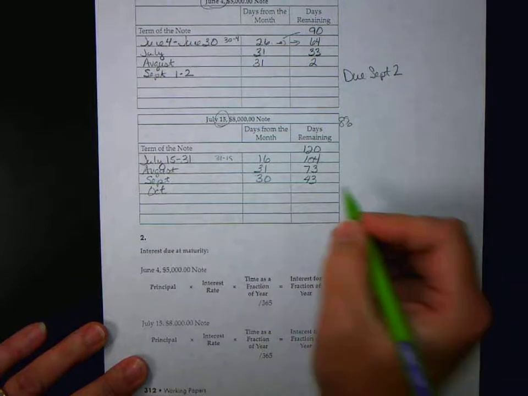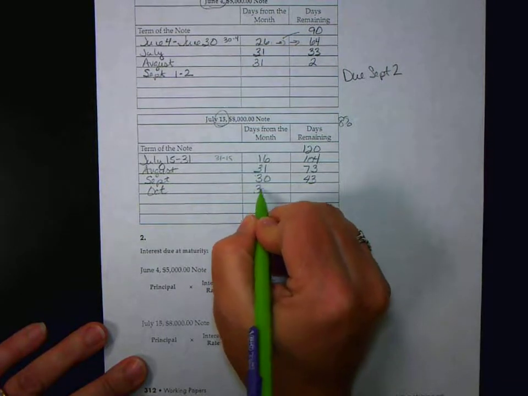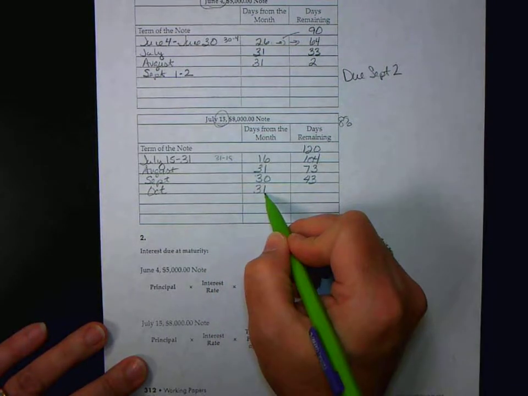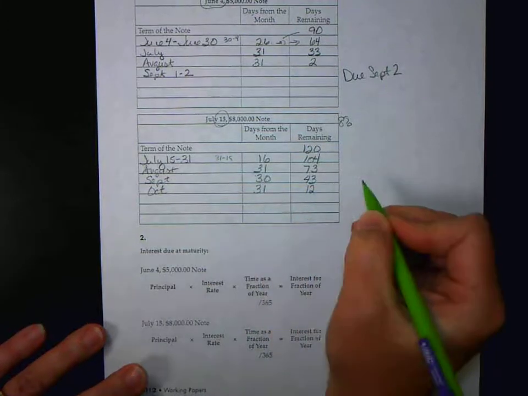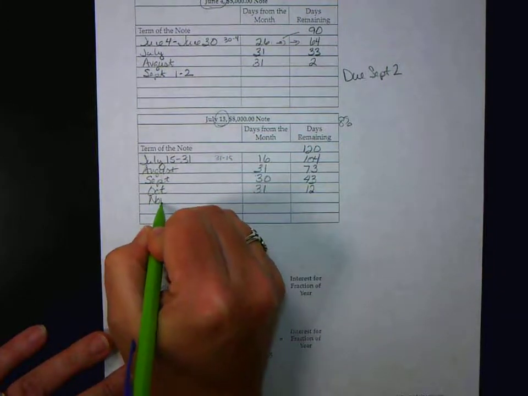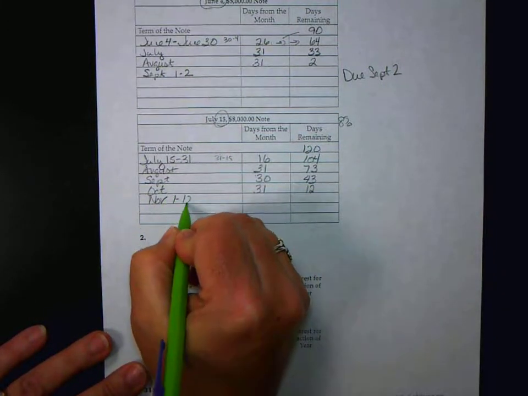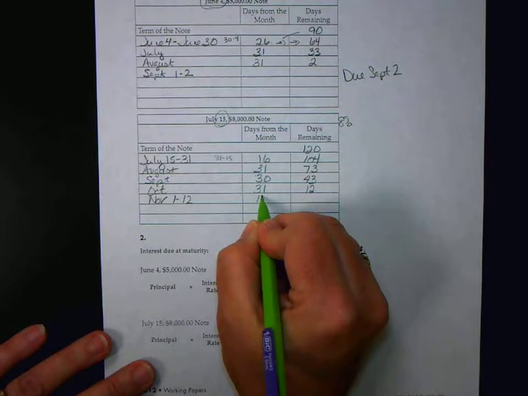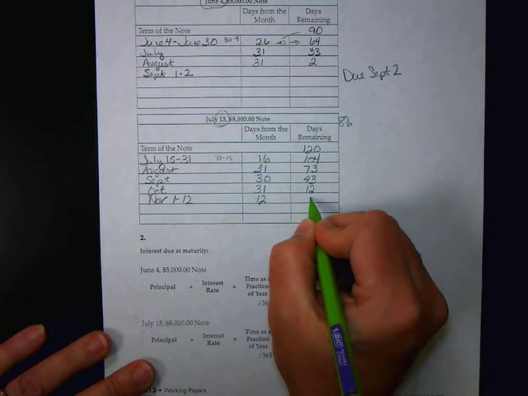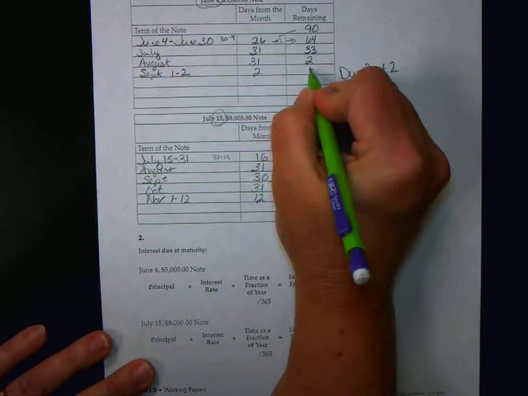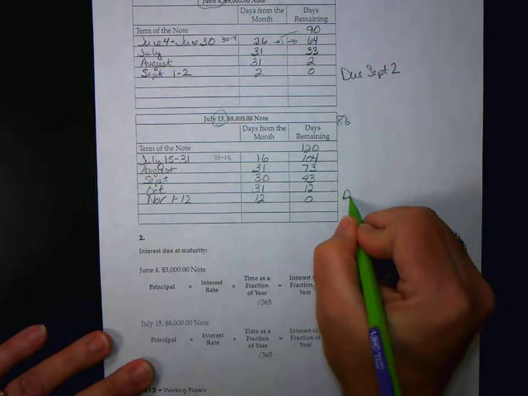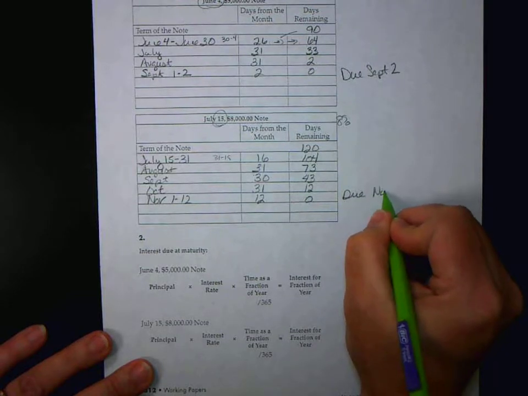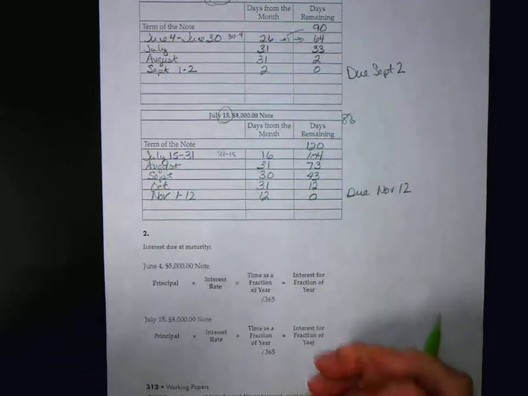October, 31 days. 43 minus 31 is 12. And then for November, that means we're going to go from November 1st to the 12th to get the 12 days down to 0. And so we know that this is due November 12th.